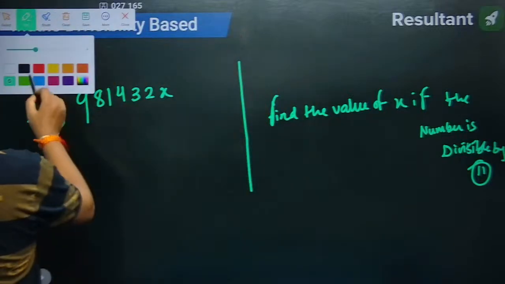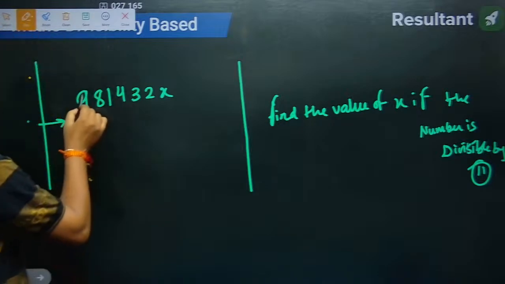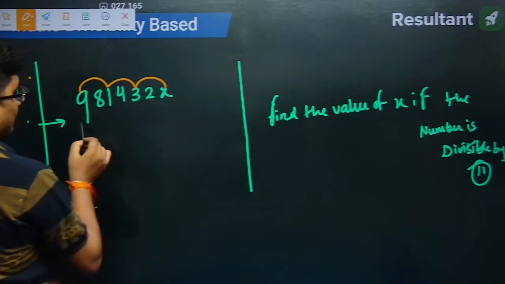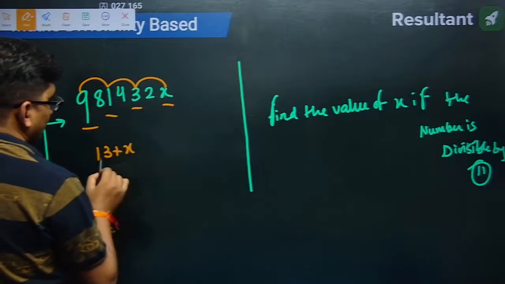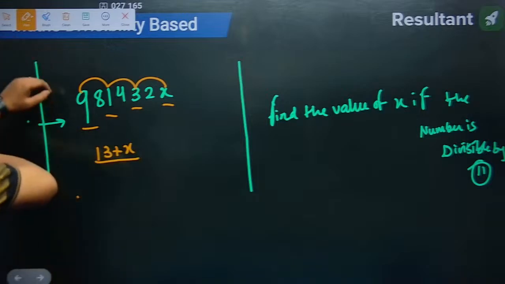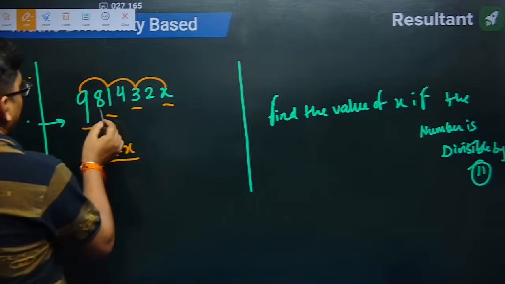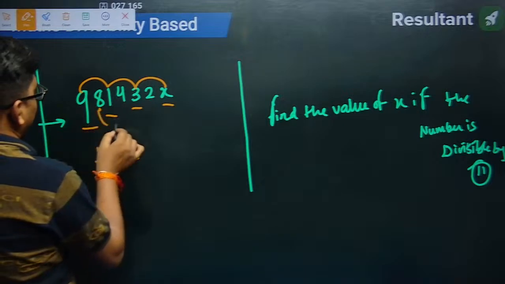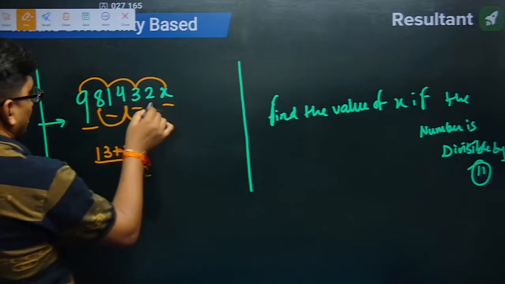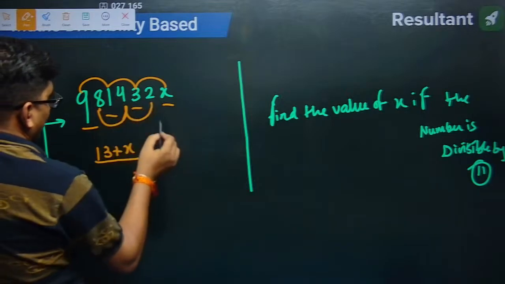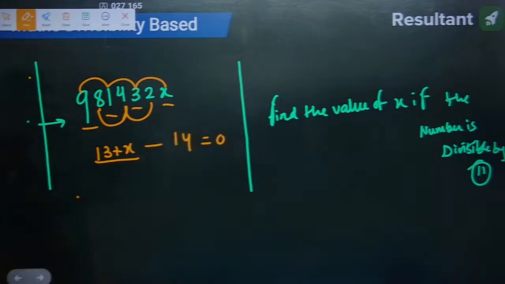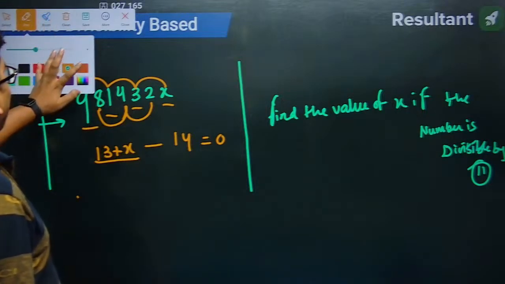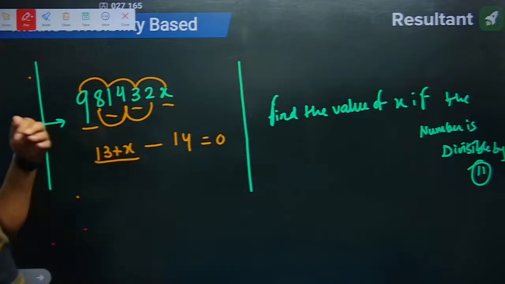So now check one thing here. I told you recently that you can go for the alternate digits: 9, 1, 3, and 13 plus x. Correct? And now 8 plus 4, 12 plus 2 becomes 14. If its difference will be 0, and the difference cannot be more than 11 because the maximum digit can be 9.